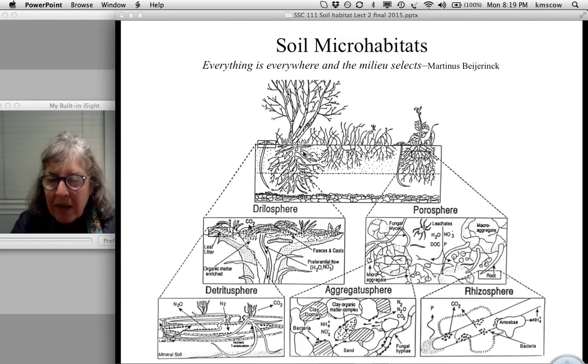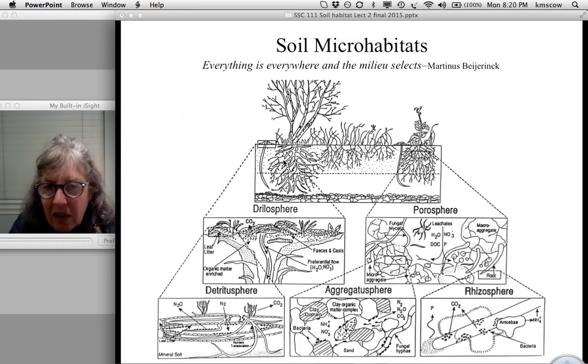Depending on where plants are growing and where organisms like some of the soil fauna have shaped the soil, creating this heterogeneity and this kind of architecture in the soil, you have some very different microenvironments that can be quite different in terms of the numbers of organisms present and the kinds of organisms that might actually be present.